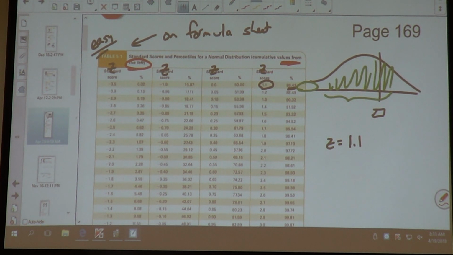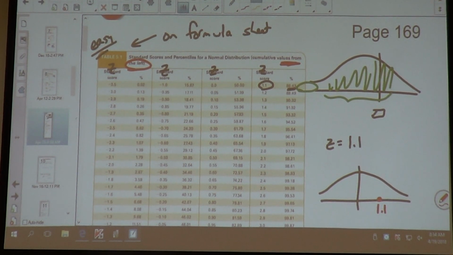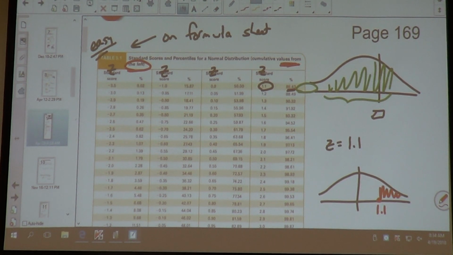Now, you've got to realize, but y'all are never going to use this, that the table represents the values to the left. So it's like Beyonce. To the left, to the left, to the left. So this table only gives you to the left. So if I gave you a table like this and I gave you a z-score of 1.1 and I wanted to know the shading to the right, it would give me that this is 86.43%.